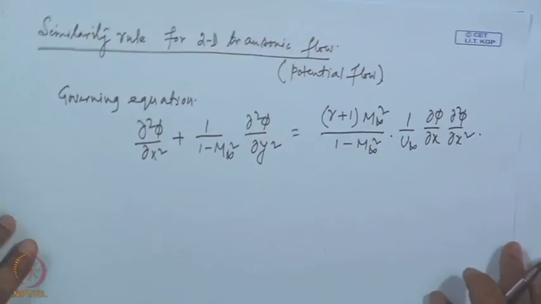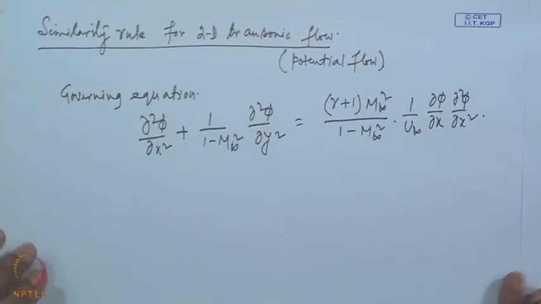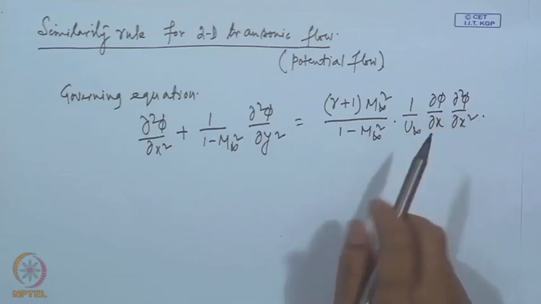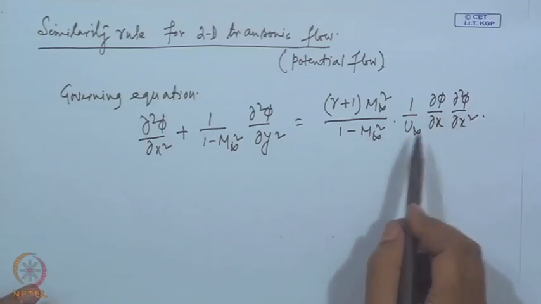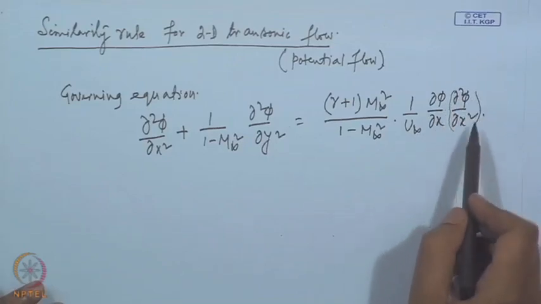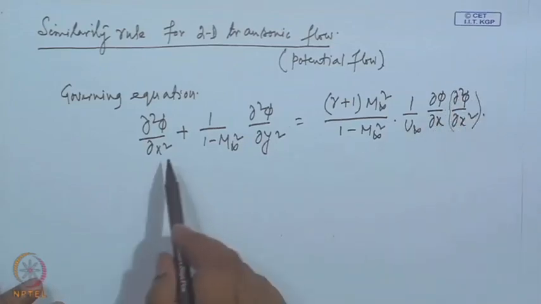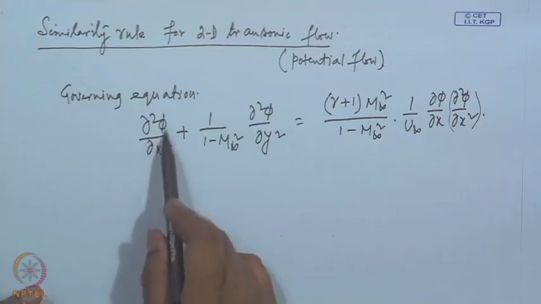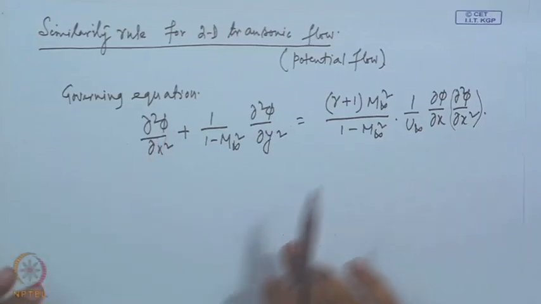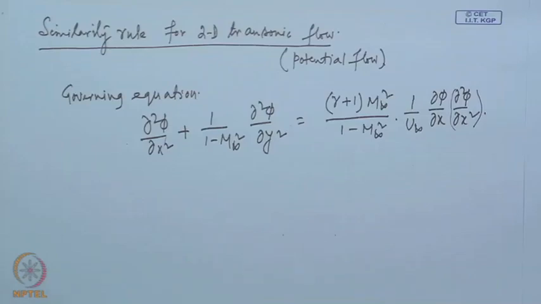We may recall that in deriving the small perturbation equation, we mentioned that when m infinity is close to 1, this coefficient of d2 phi dx 2 on the right hand side is comparable to the coefficient of d2 phi dx 2 on the left hand side, and consequently they are comparable, and are not negligible.